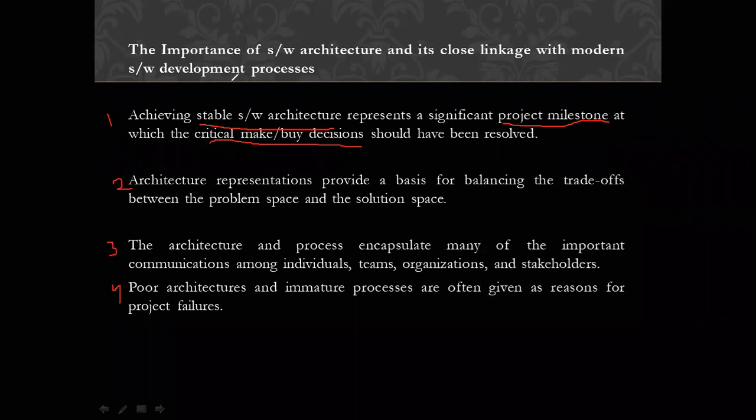So in that way, software architecture relates with modern software development processes. Critical decisions arise if the project is very large and the complexity level is very high, which happens in modern software development processes, because as the latest technology increases, our ambition towards development in the technical area is also increasing.